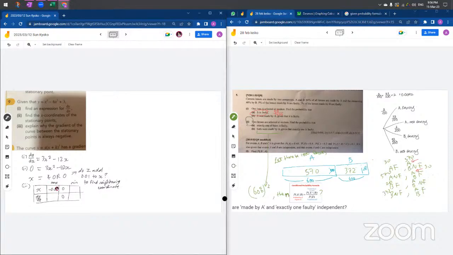Yeah. So plus and minus. Yeah. Correct. No, this is not max or minimum. That's not a drop off. Just plus or minus.